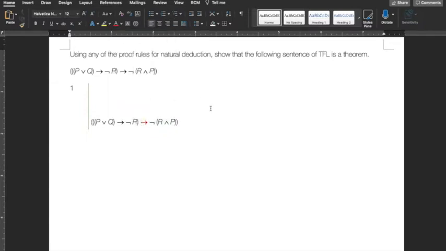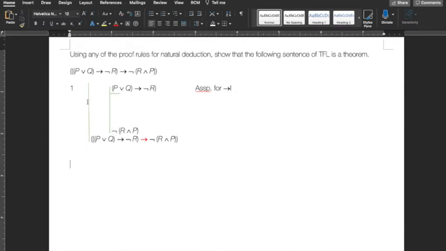And I'll color it in red for you. Since our main connective is a conditional, we're going to need to run a conditional introduction by assuming the antecedent and then trying to prove the consequent. So now we have the basic structure of our conditional introduction rule with the antecedent as our assumption, and we should be able to prove this consequent.